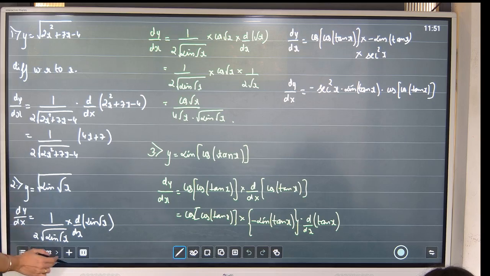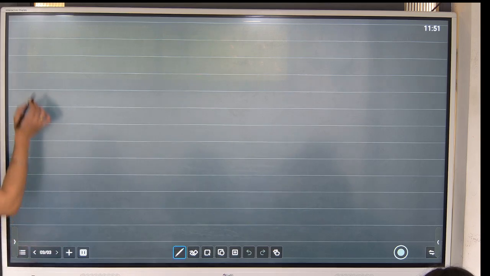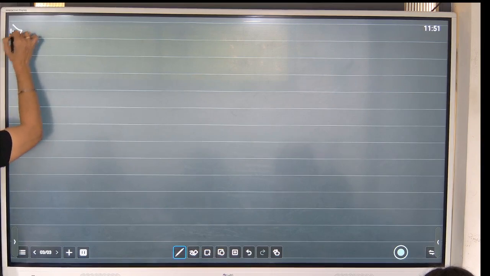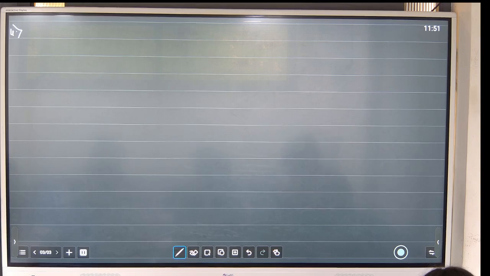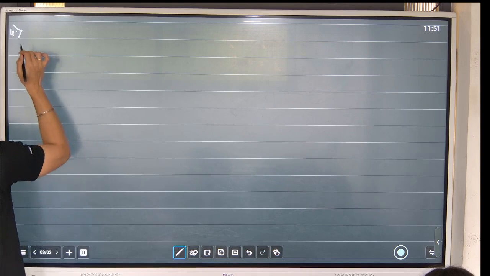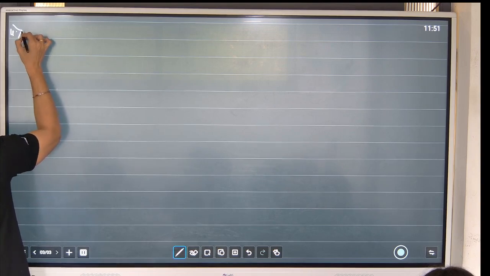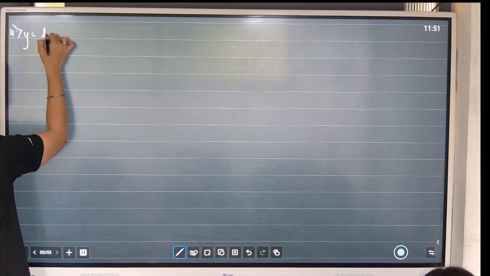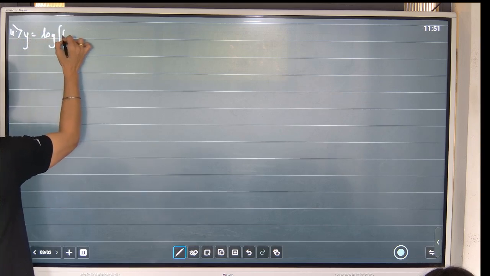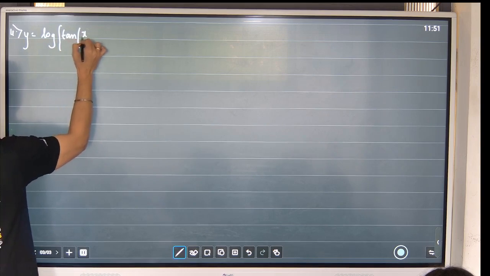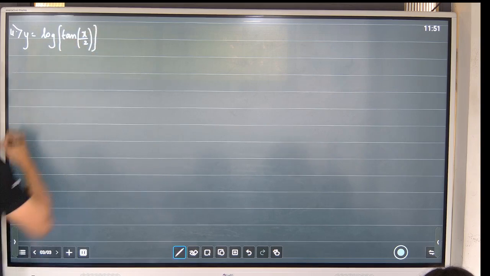But if I have to choose a question, say for example, where I will be doing u upon v or u into v, so you have to be very careful with the calculation. Now, for example, if I have a question, say for example, y is equal to log of tan x by 2.